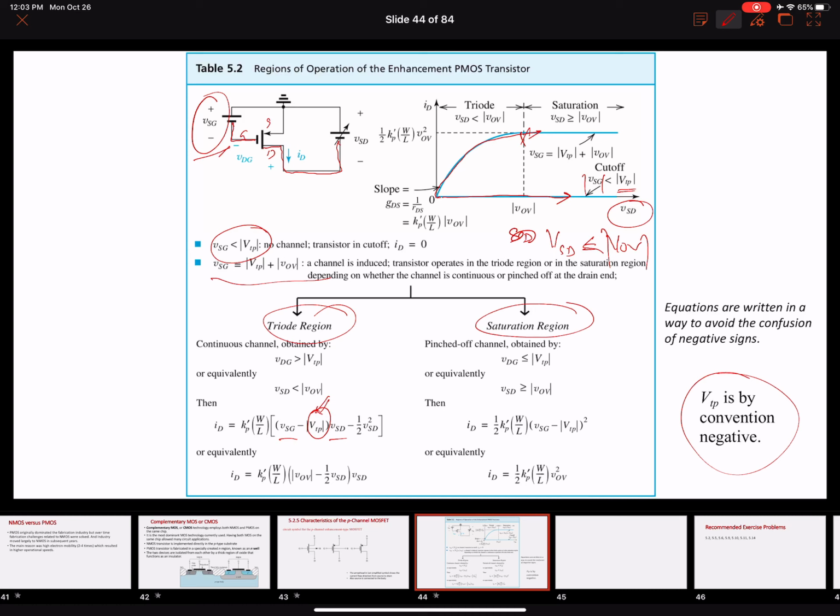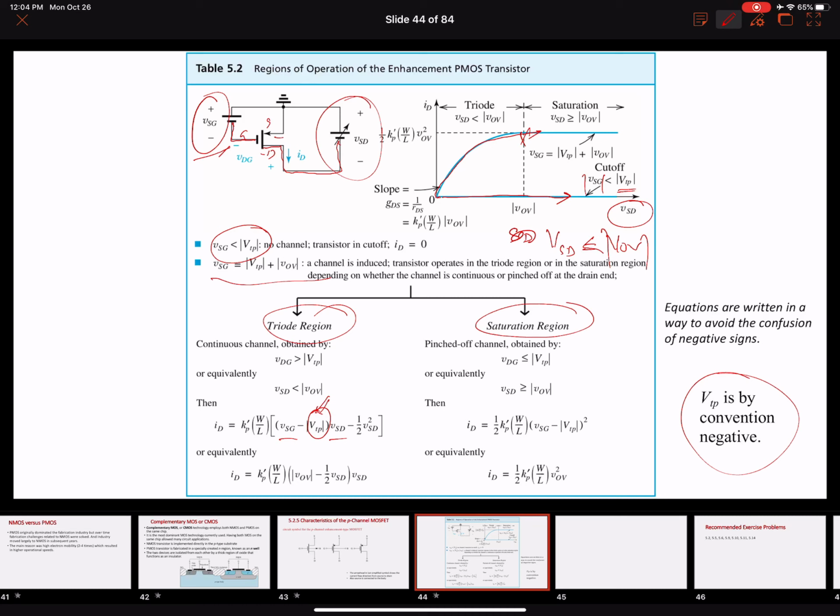It's a source to drain positive battery, so this battery gives a negative voltage to the drain terminal, and similarly, source to gate gives a negative voltage to the gate electrode. That is why these polarities are reversed and why we have modulus values on the threshold voltage.